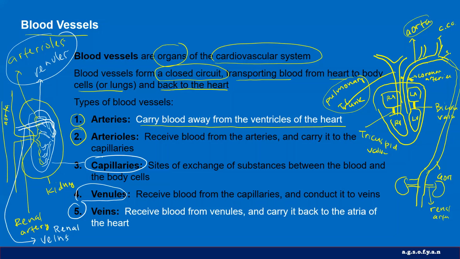These renal veins, with other veins, maybe coming from the ovary, for example the ovarian vein, combine to make a bigger blood vessel. This bigger blood vessel is called the vena cava. So the vena cava is the biggest type of vein.